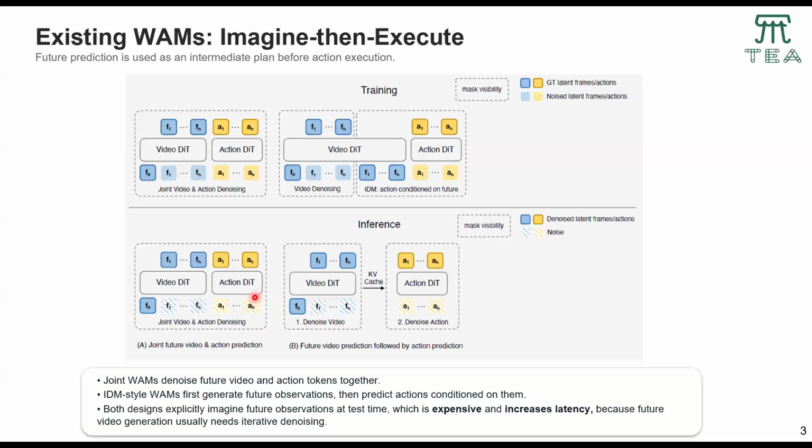In some ways it's easy to understand and easy to follow, but it also has high computational cost and increases latency when you apply it to real robot control, because the future observation generation is an iterative process, like denoising or autoregression, and is very time consuming for real robot control.